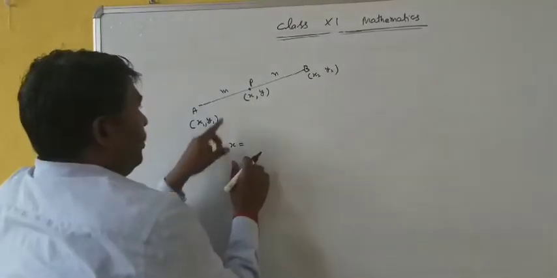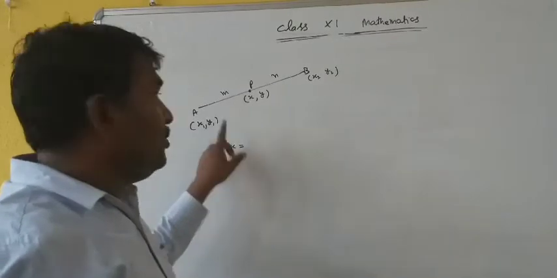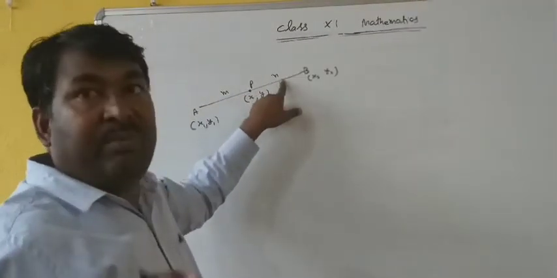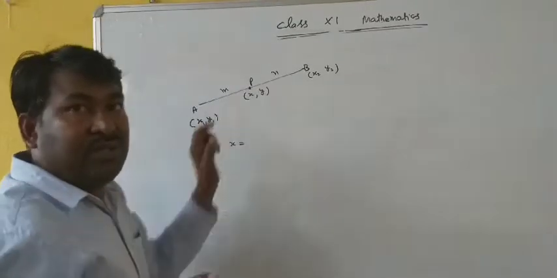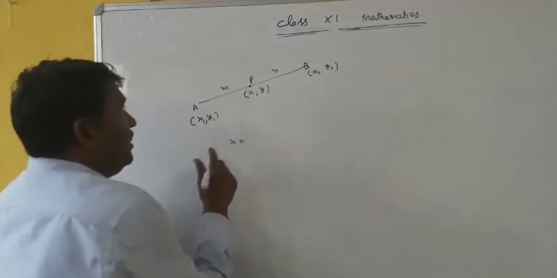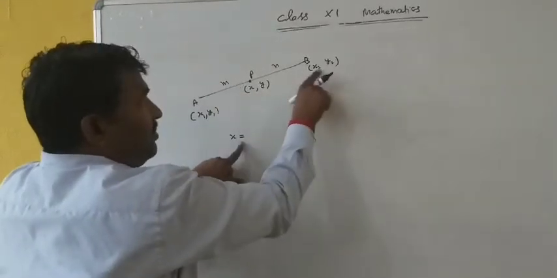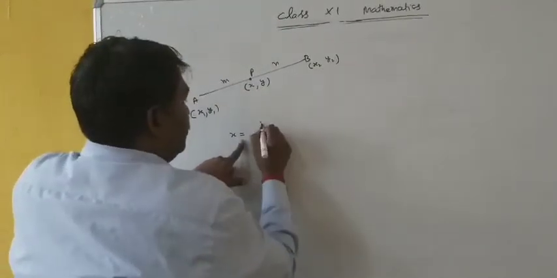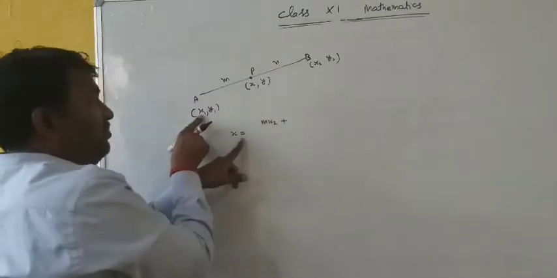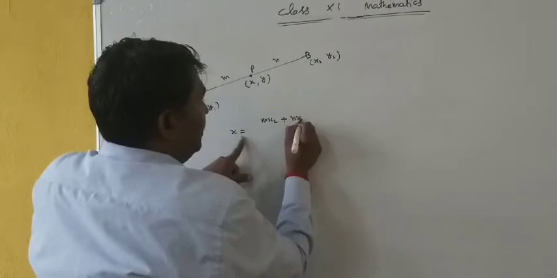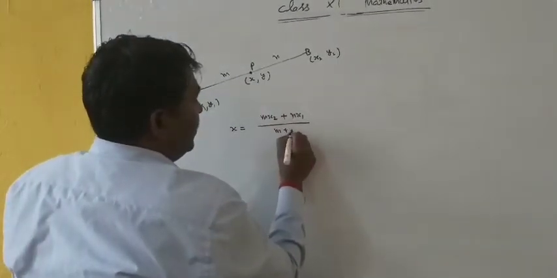So if you are going to find the x coordinate, m and n will be multiplied with x coordinates only. You will not take the y coordinate this time. So x is equal to m multiplied by x2 plus n multiplied by x1, by the sum of these two, m plus n.